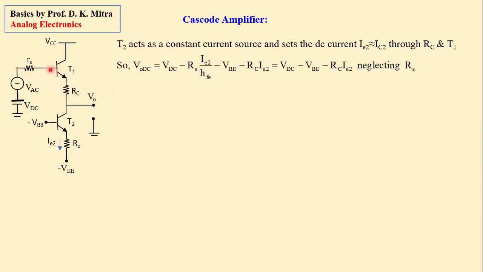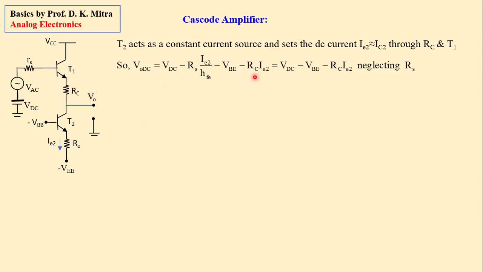So the output DC is equal to VDC minus RS multiplied by IE2 by HFE, minus VBE, there is a voltage drop here also, minus the potential drop here, which is RC IE2.